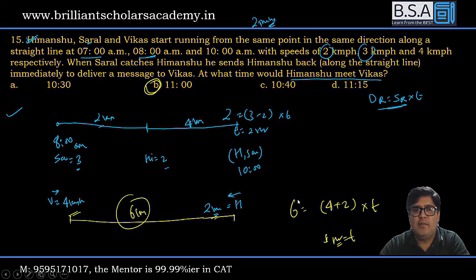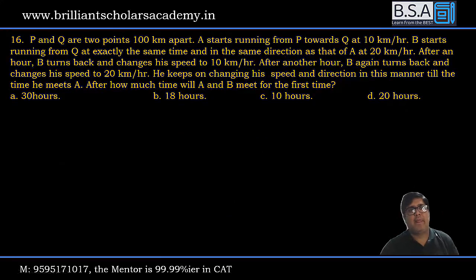Let us add more level. Try. P and Q are 100 kilometers apart. A starts running from P towards Q at 10 kmph. B starts running from Q exactly at the same time in the same direction as that of A at 20 kmph. After an hour, B changes his speed, turns back.